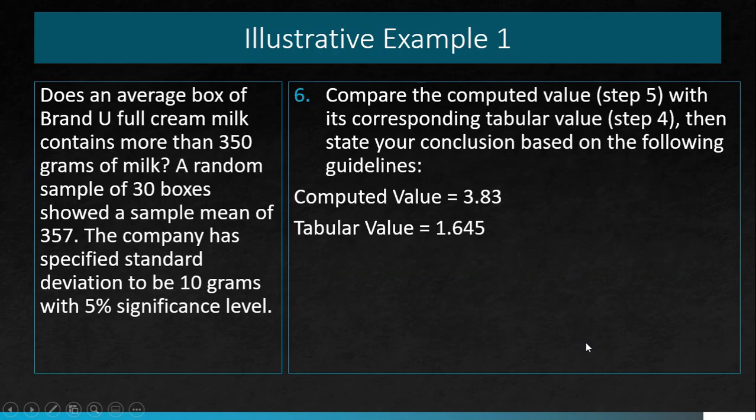Based on our data, our computed value is higher than our tabular value, which means we will reject our null hypothesis and accept our alternative hypothesis.